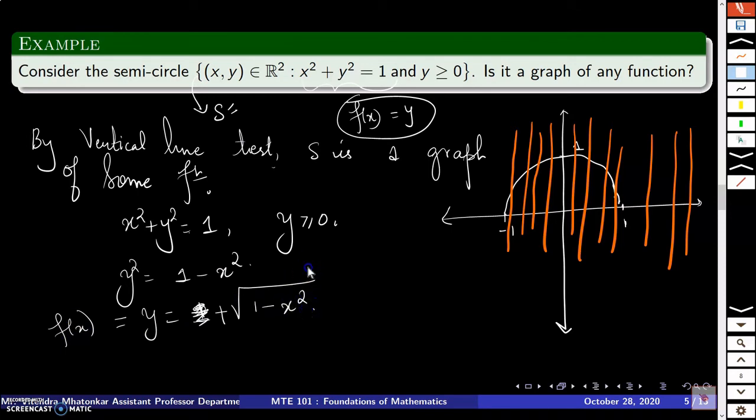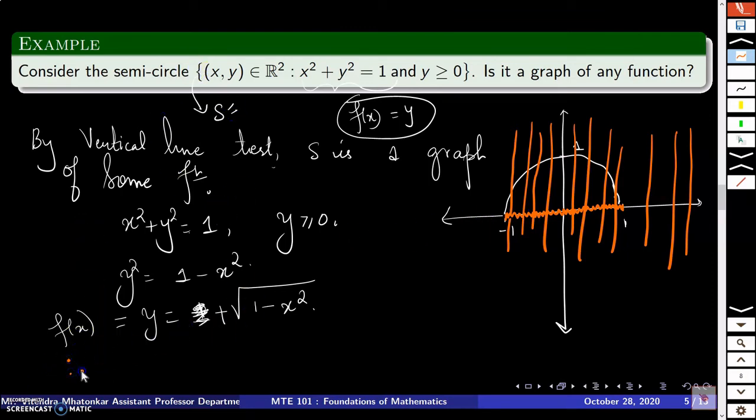Now, what is the domain of the function? You cannot say that the domain of the function is all of R, because if you see the point 2 here, 2 has no image, right? 2 has no image. So if you look at the x-axis, at -1 it is having an image, okay, that's 0, and all these points, which I'm marking now in red, those points are having images under this function, right?